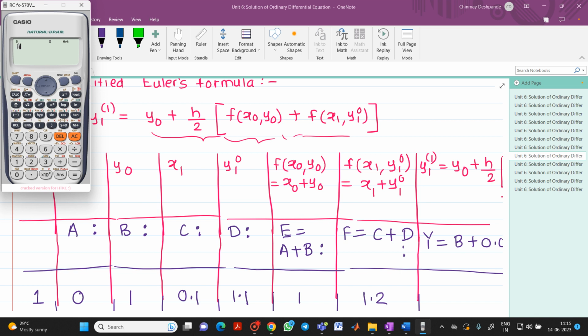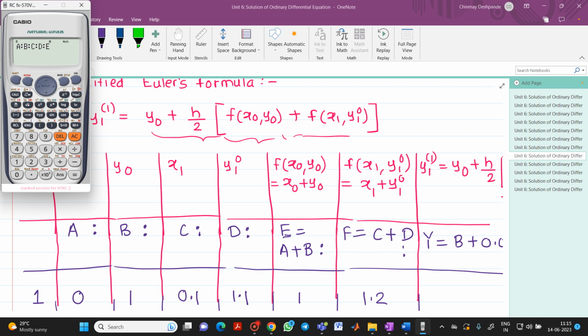A colon b colon c colon d colon. So because of this, again you will get revision.